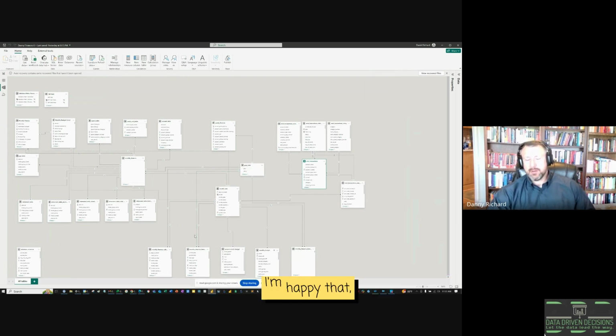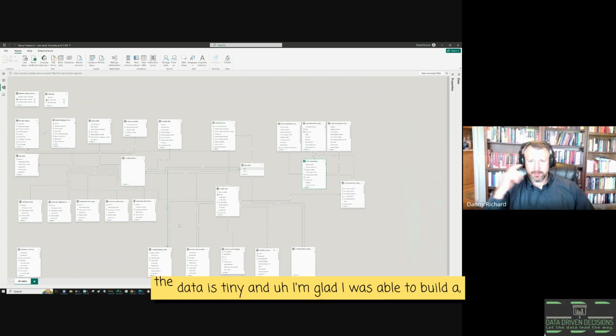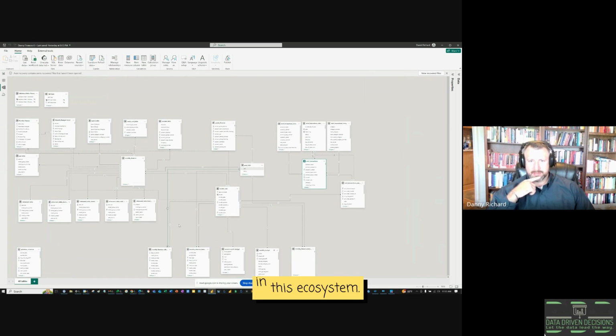But I'm happy that this is just my personal finances, and it's not big data at all. The data's tiny, and I'm glad I was able to build a big table in this ecosystem, one that makes sense, one that's useful, just so that I'm working with a new concept.